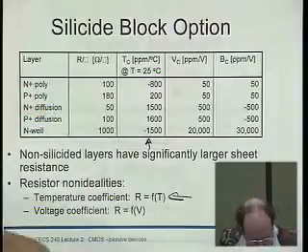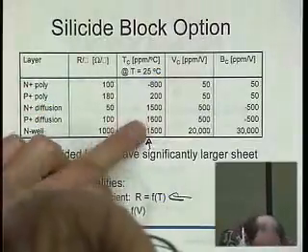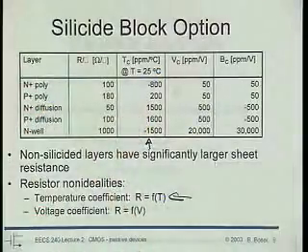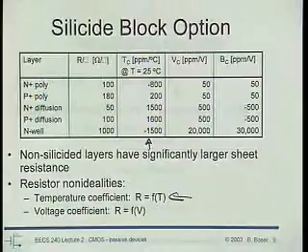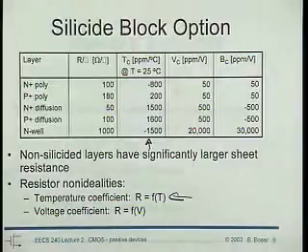Then we say, well, looking at that, some of them are positive and some of them are negative. Heck, if we make a resistor out of two different resistors, one of them increases with temperature, the other one decreases with temperature, we ought to be able to net get 0 TC. Of course, that's only to first order.